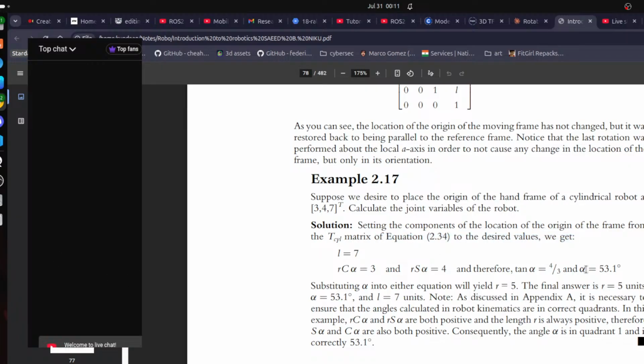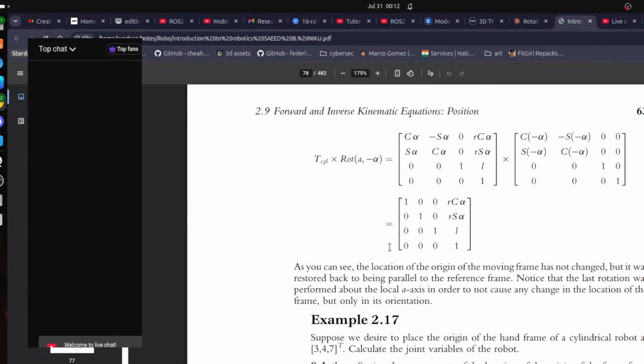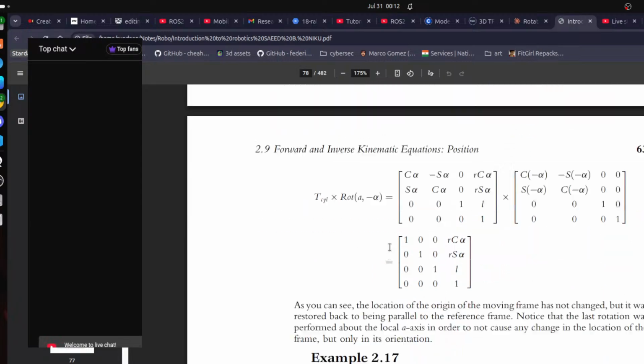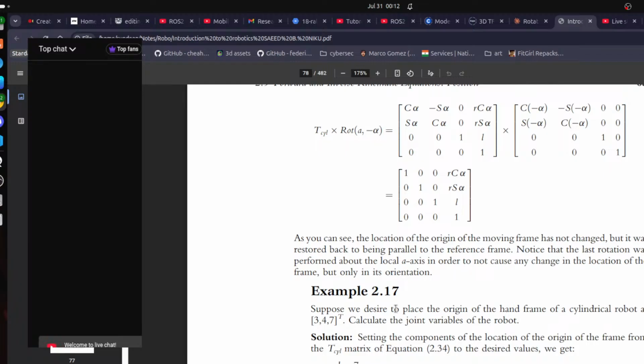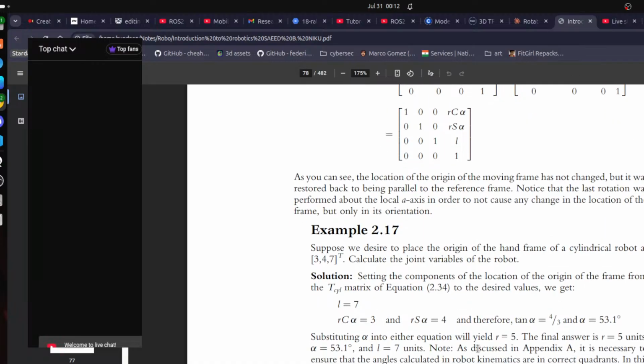Therefore, L as 7. No, so we just compare these equations and then get the angles, the joint variables of the robot.